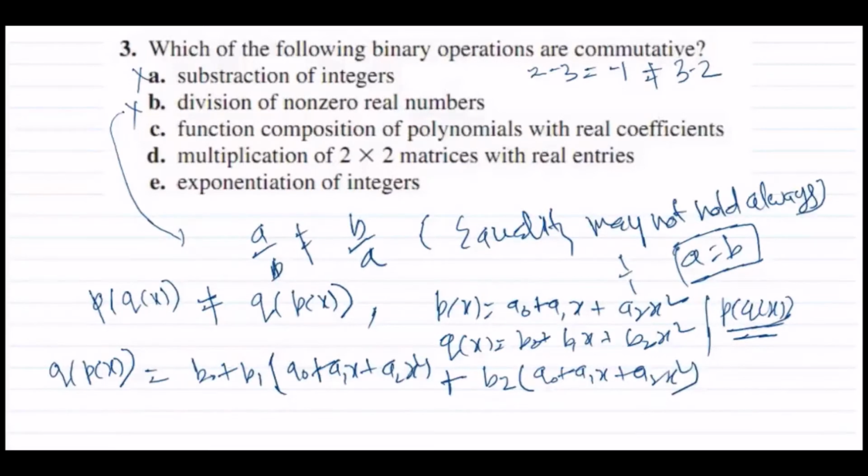So let us compare. The constant term is b0 plus b1 and a0 is there, and plus some coefficient of x, coefficient of x². So let us compare this thing only. So what we see here, we have constant term b0 + b1·a0.